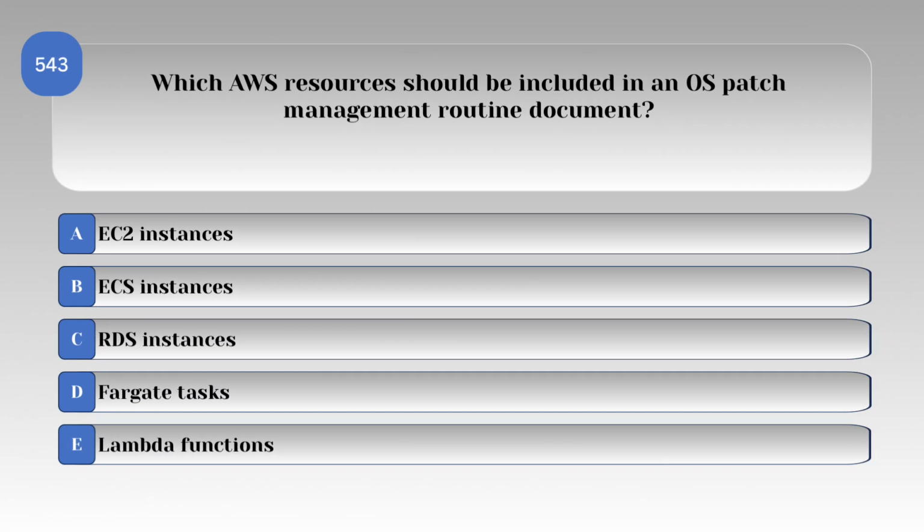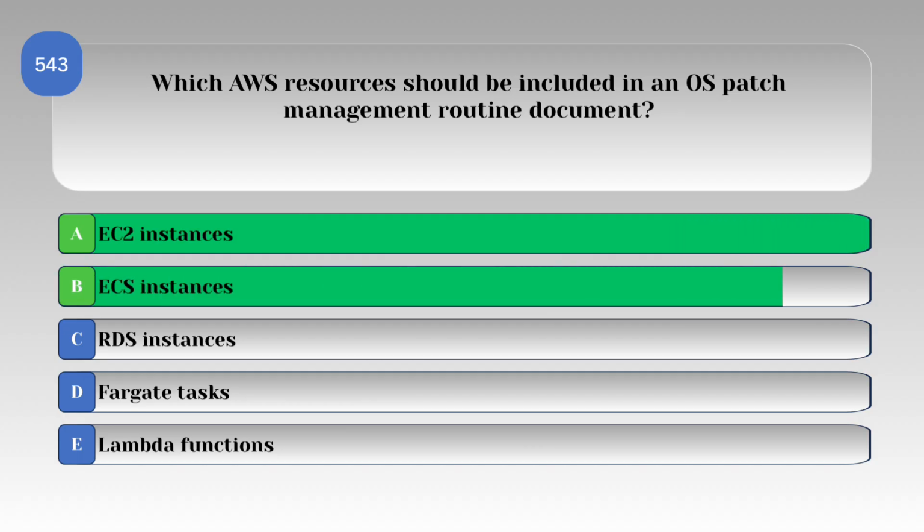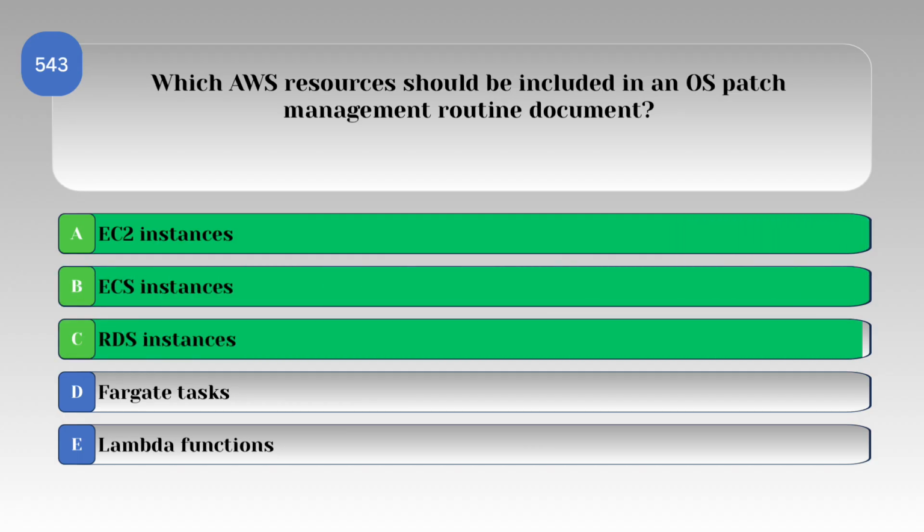Which AWS resources should be included in an OS patch management routine document? Correct answers, EC2 instances, RDS instances, and ECS instances.